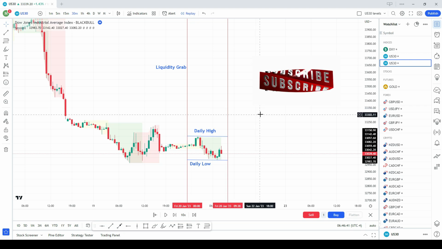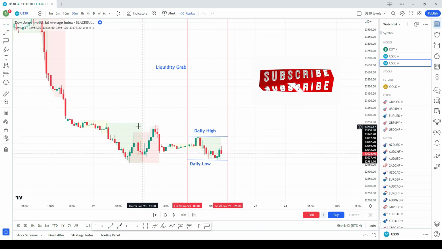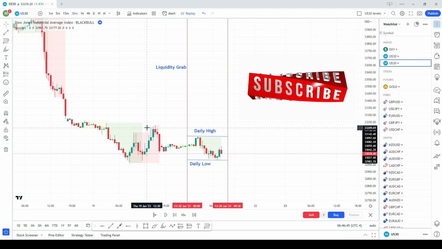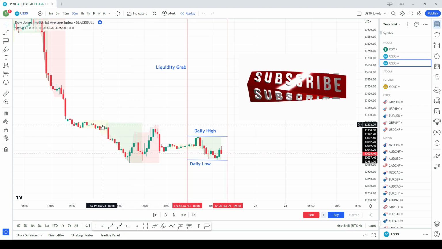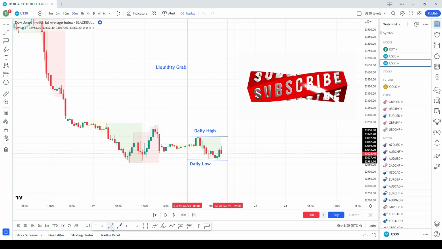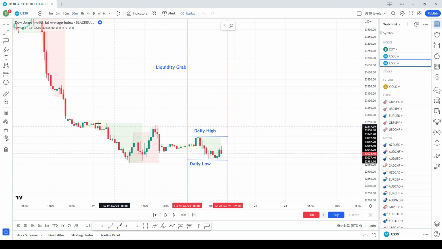Before we continue, you can also mark yesterday's high and yesterday's low. For example, yesterday's high was this zone here.